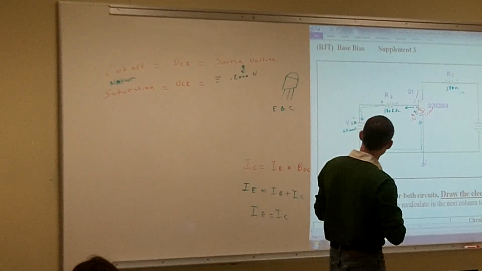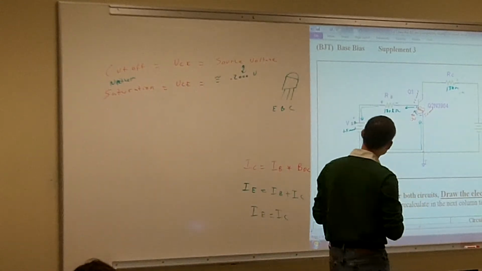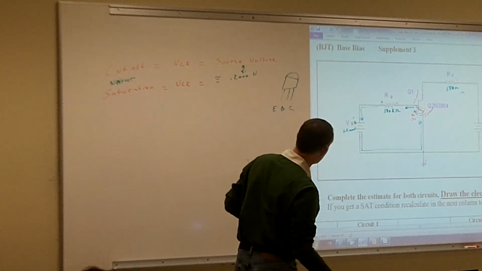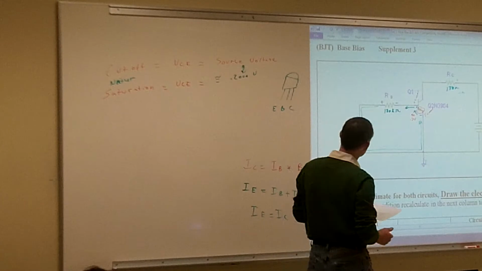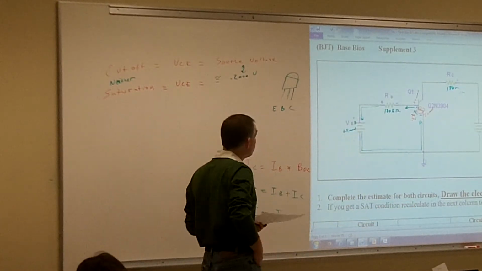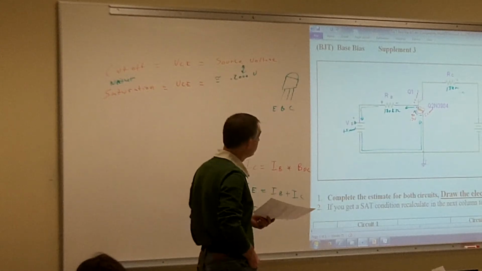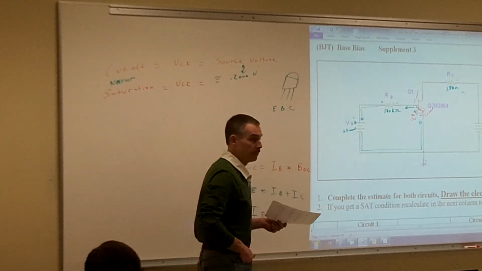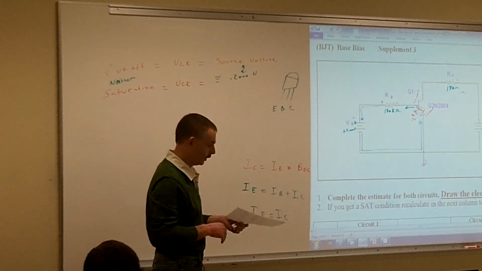Alright, so once we got our current paths and polarities, we know that we're turning on our base emitter, then what's my next step going to be? The RB. Okay, so what do we need before we figure out the current? Voltage.